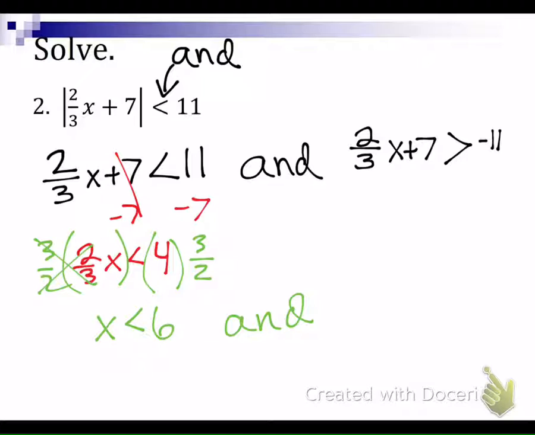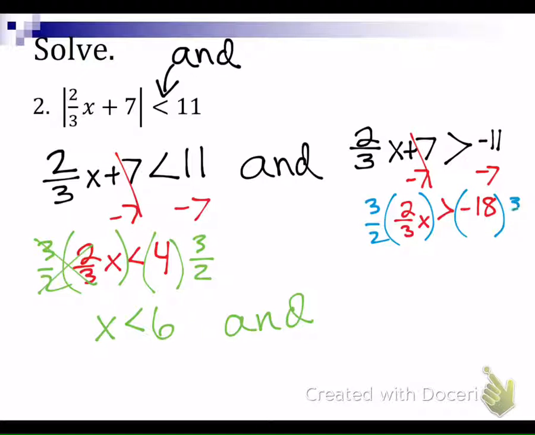And on the right side, same idea about the minus 7. But now we get negative 18. Keep the negative sign. Same idea. We've got to do the reciprocal. 3 over 2. So that's negative 9 over 1. So what do you get? x is greater than negative 27.